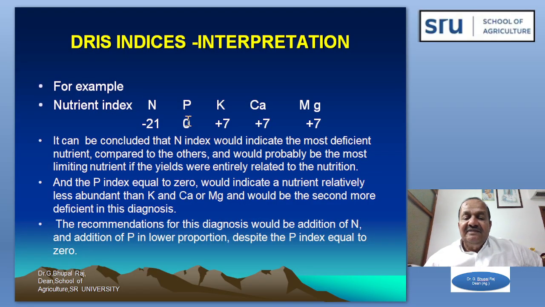The P index is equal to 0, which indicates a nutrient relatively less abundant than the other nutrients like potash, calcium and magnesium, and it would be the second most deficient nutrient element in the diagnosis. So the recommendation for this diagnosis would be the addition of nitrogen, and addition of phosphorus in small quantities, to take care of these deficient nutrient elements.